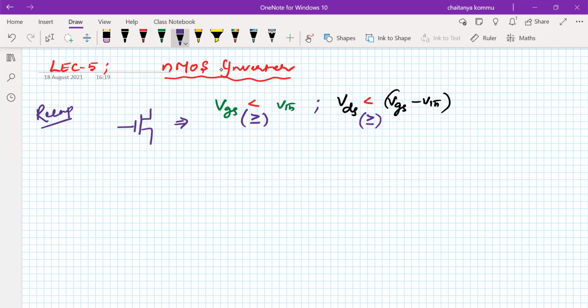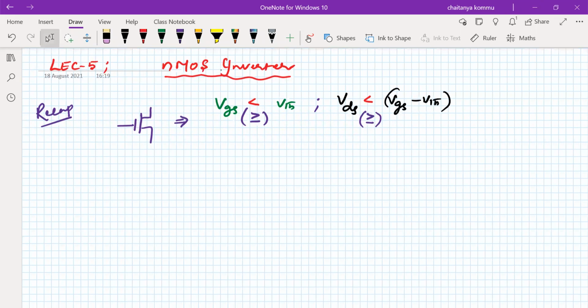It is important when we are realizing circuits to identify which region of operation the transistor will be in, and to change its operation depending upon your requirement. So we should know which region the transistor is operating in. Now let us realize a simple circuit using these transistors.